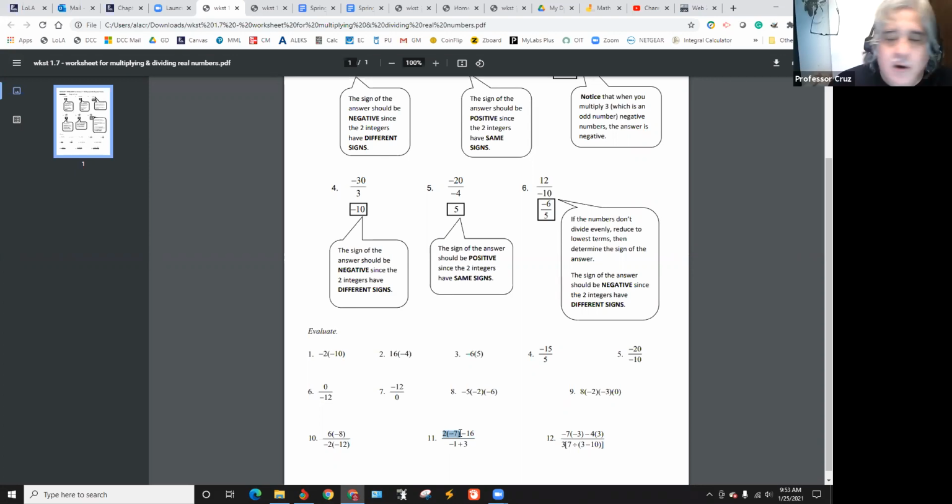We're going to talk about this, but whenever you got multiplication and addition and subtraction mixed, handle the multiplication first, and then do the subtraction 16. So that's negative 14, take away 16, so that's negative 30. And then you go into negative 3, 1 plus 3 is 2. So that's going to be negative 15, I believe. Let's look at it.